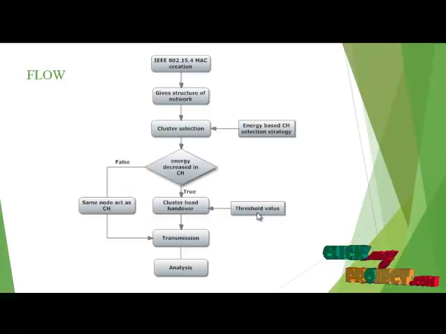If a node in a cluster has a high threshold value, it is set as the cluster head. If the node has the highest energy, the same node acts as the CH and the data transmission is done.